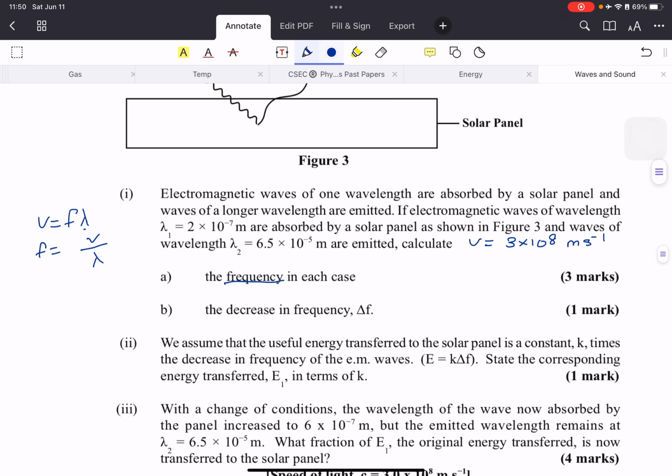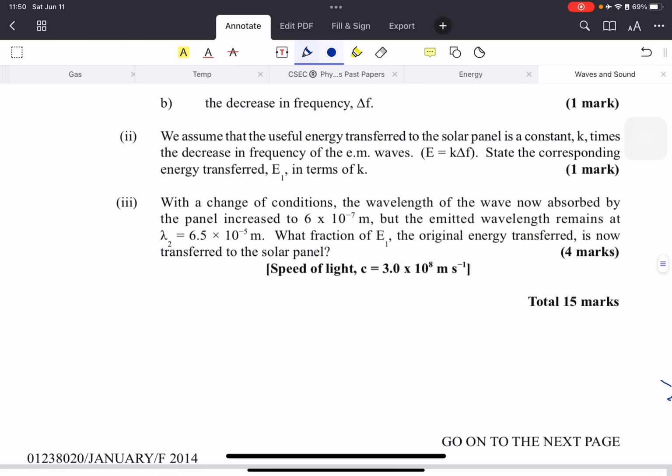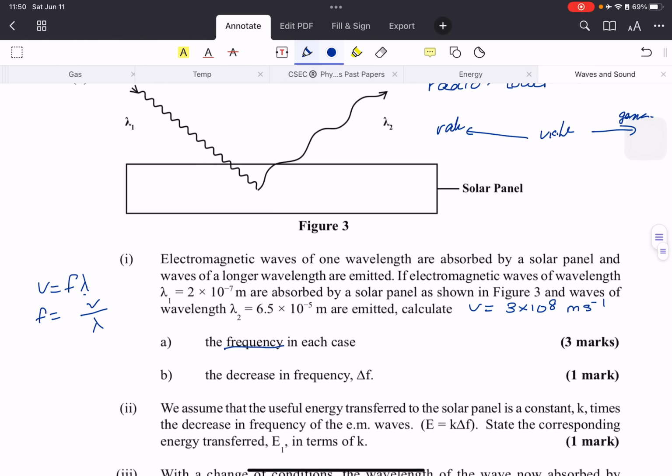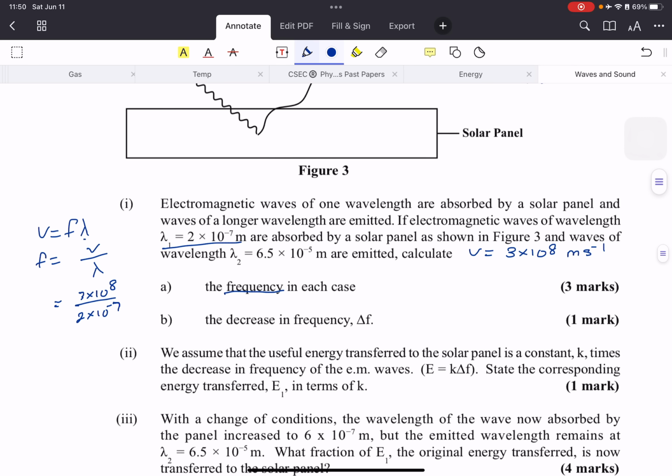So we already have our v. All electromagnetic waves have the speed of light, which is 3 by 10 to the 8. We need to remember that, right? But they did give it to us here. All right. So this is going to be 3 by 10 to the 8 over, and the first one is 2 by 10 to the minus 7. Okay, so you need to put that into your calculator, and we'll check out the frequency here.